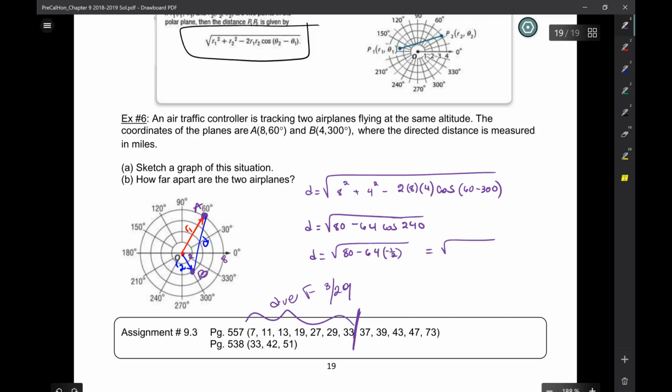So that's the square root of 80 plus 32, the square root of 112 miles. If it's a non-calculator section, you would have to put it in simplified radical form. If it's on the calculator section, you can just plug it into your calculator.